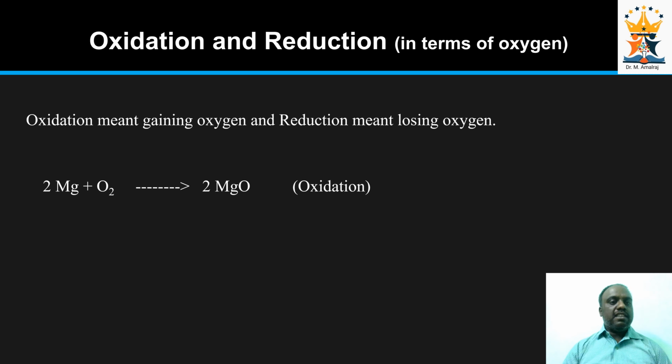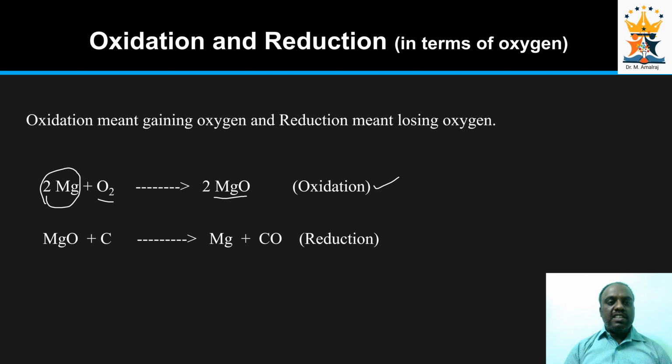So look at the simple example. Here magnesium reacts with oxygen to form magnesium oxide. That means magnesium gains oxygen, so it is said to be oxidation. On the other hand, in the second reaction, magnesium oxide reacts with carbon to form magnesium and carbon monoxide.